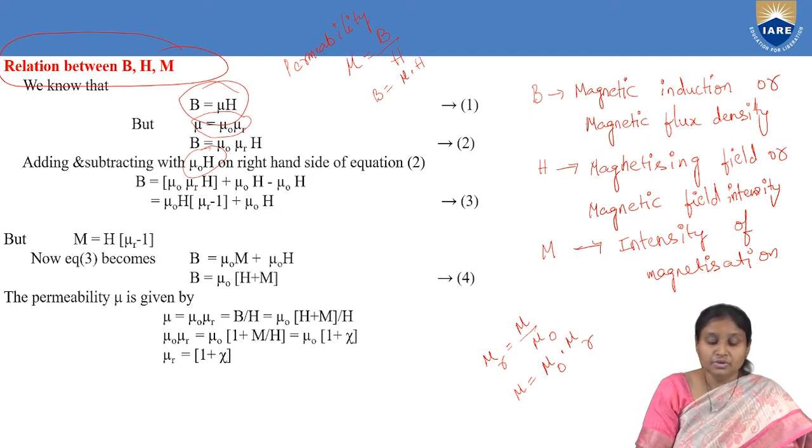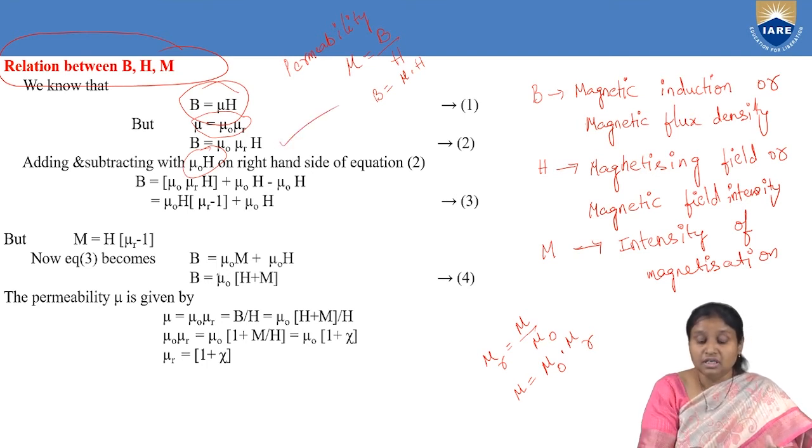When we compare these two steps, on the right side of equation 2 we are adding and subtracting mu naught into H, where mu naught is the permeability of free space. And what is the value of permeability of free space? It is 4 pi into 10 to the power of minus 7 Henry per meter.